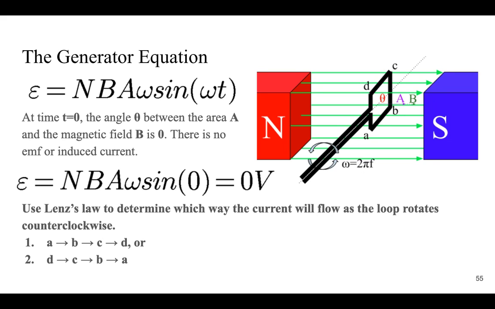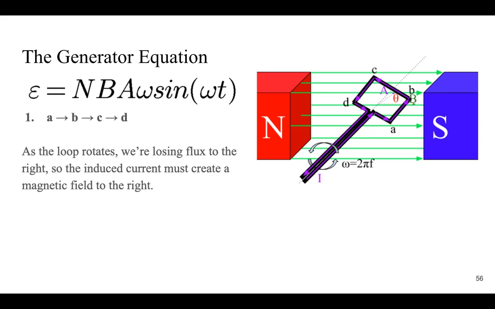So a short time later, as the thing continues to rotate counterclockwise, we're going to be losing flux to the right, which means, according to Lenz's law, the induced current has to be creating more flux to the right to make up for the flux that we're losing. So using Ampere's right-hand grip rule, hopefully you can see that the current would need to flow this way. So yeah, we're going to have the current flowing that way.